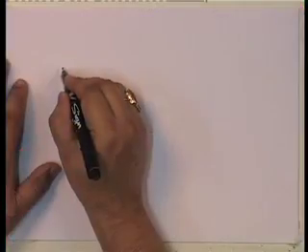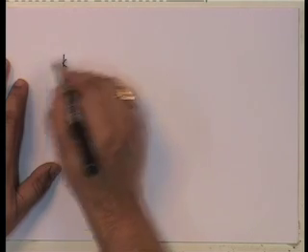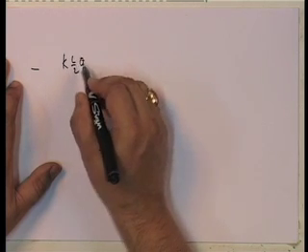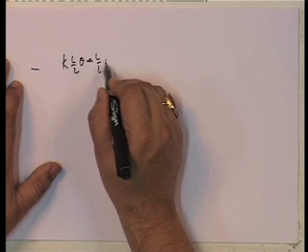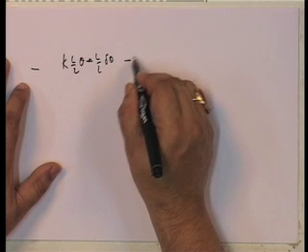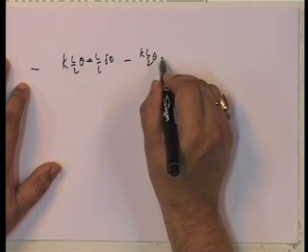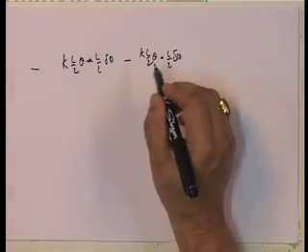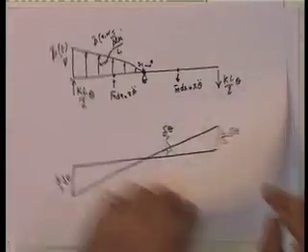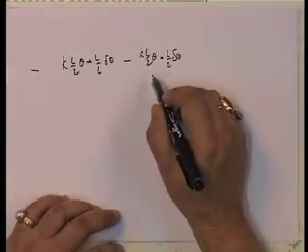I am going to write that down. I will take the first one: all of them are negative, k L over 2 theta into L by 2 delta theta, minus k L by 2 theta into L by 2 delta theta. These are the two: this one into this, negative, and this one into this, negative.